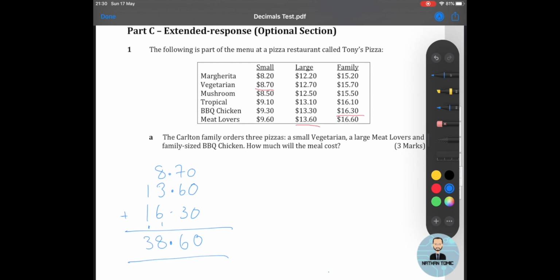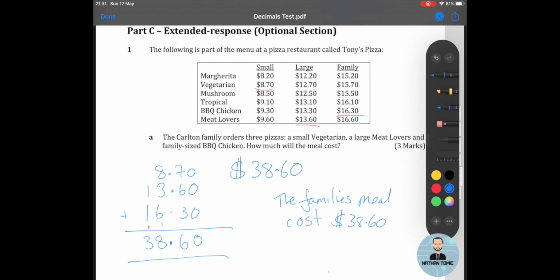So the answer to that addition is 38.60, but the question is in dollars and cents, so our actual answer is $38.60. But of course, it's a worded question, so we need a worded answer. So something like the family's meal cost, don't forget the dollar sign, $38.60.